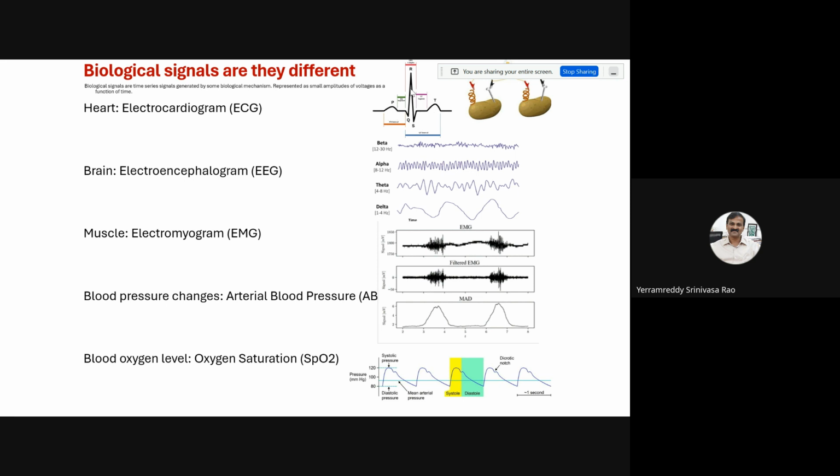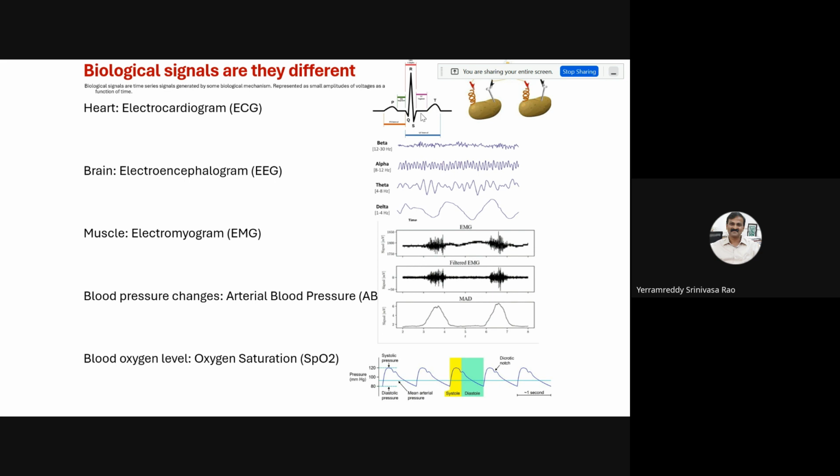It has some amplitude. So the behavior of your heart valves, the heart pumping of the blood, is represented by this waveform. That's why every doctor would like to see how your heart is functioning by grabbing the signal.